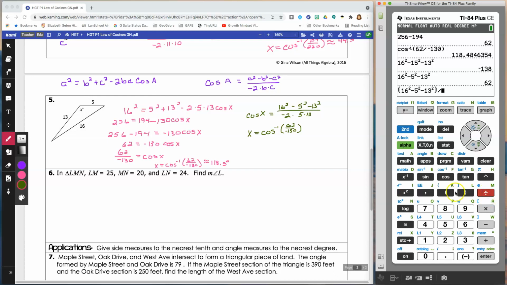Now I'm going to divide, and again, I'm going to put parentheses around this. Negative 2 times 5 times 13.